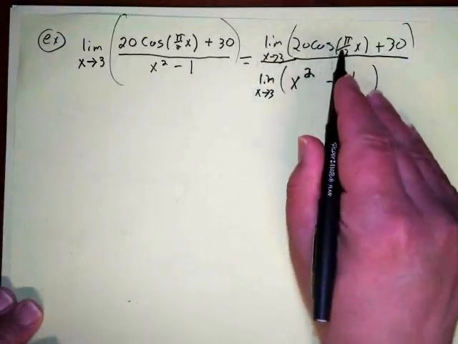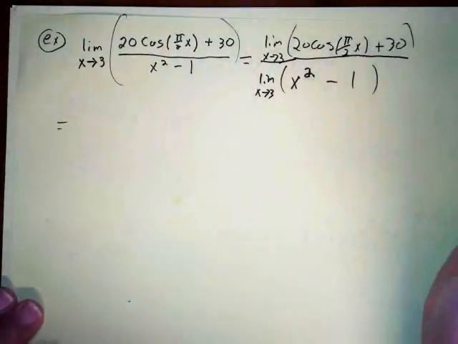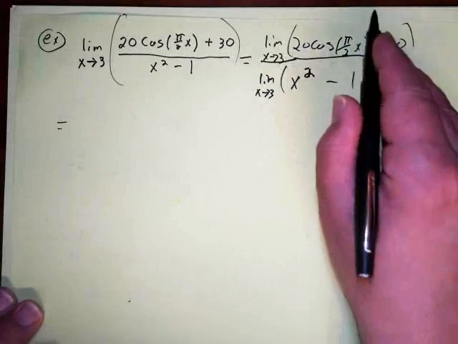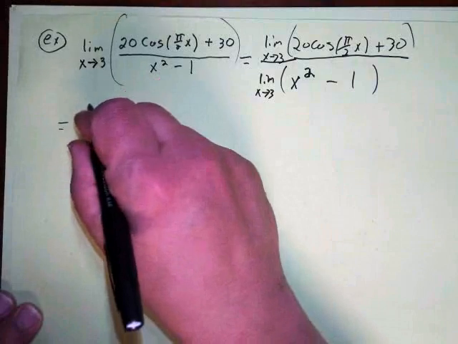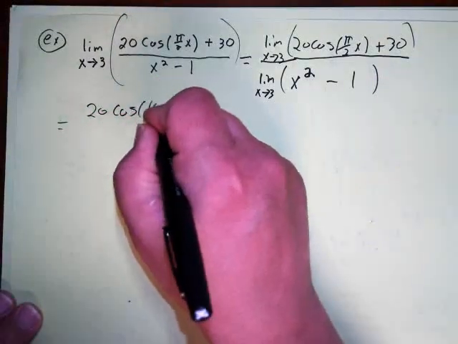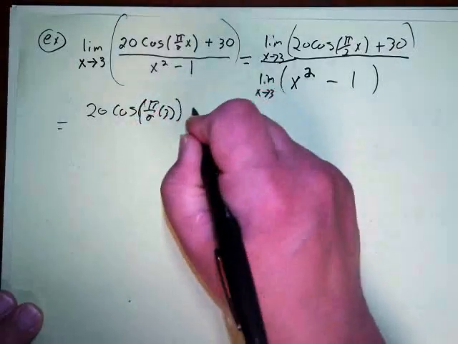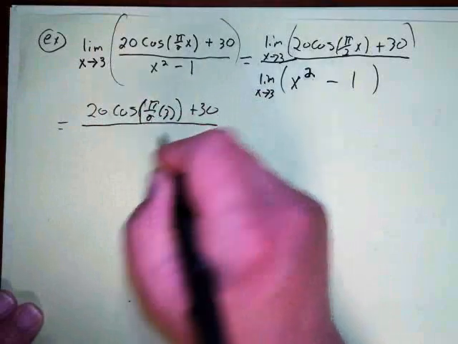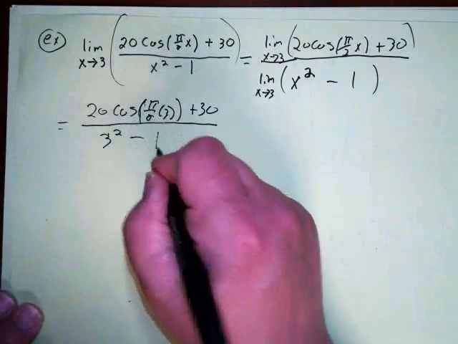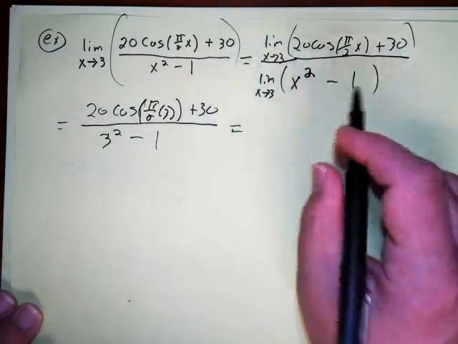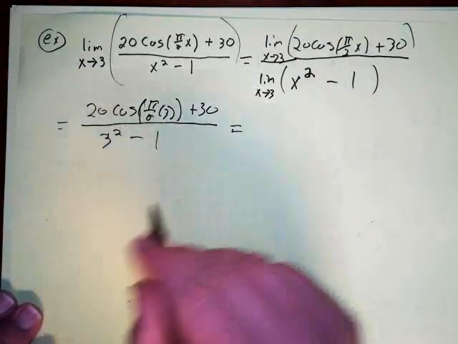But basically, if it's a sine or a cosine, there's no asymptotes, and if it's just shifts that we did when we graphed them, no problem. I can evaluate that. So this will be 20 cosine of pi over 2 times 3, plus 30, all over 3 squared minus 1. And notice I could drop my limit here, because by evaluating, I've taken the limit.